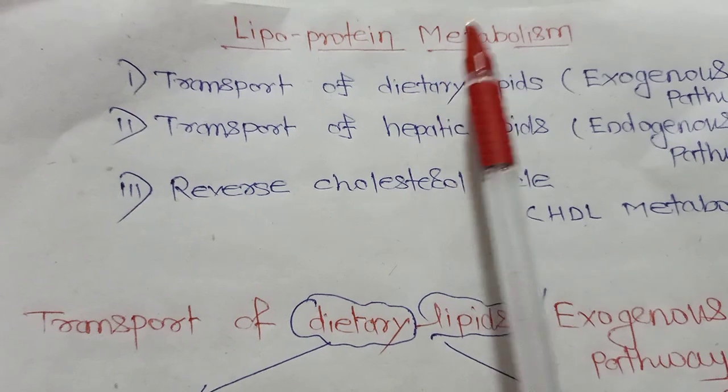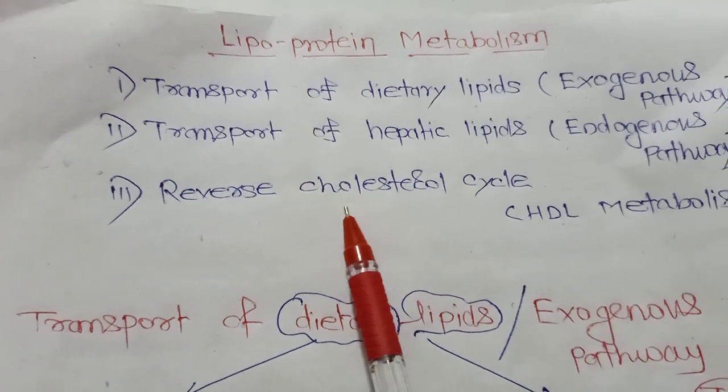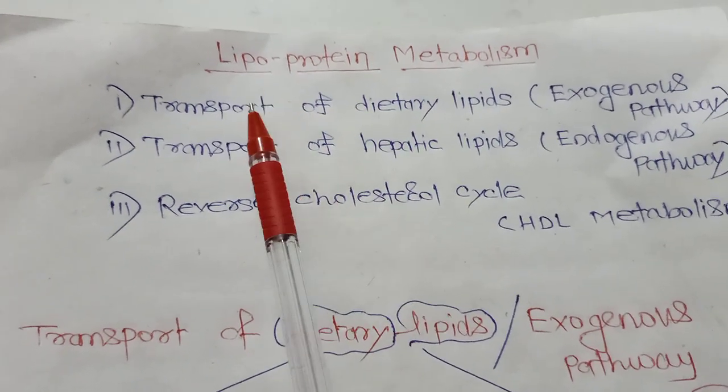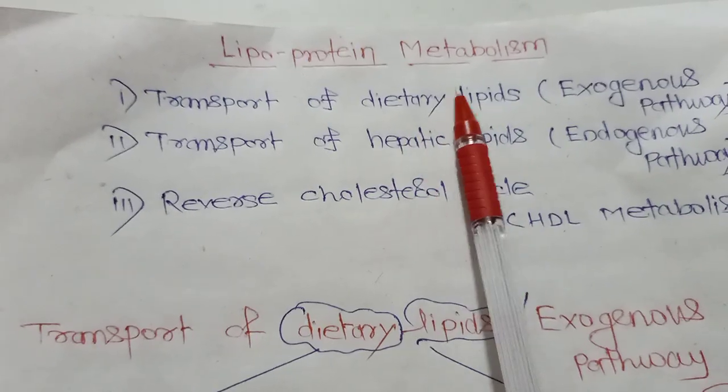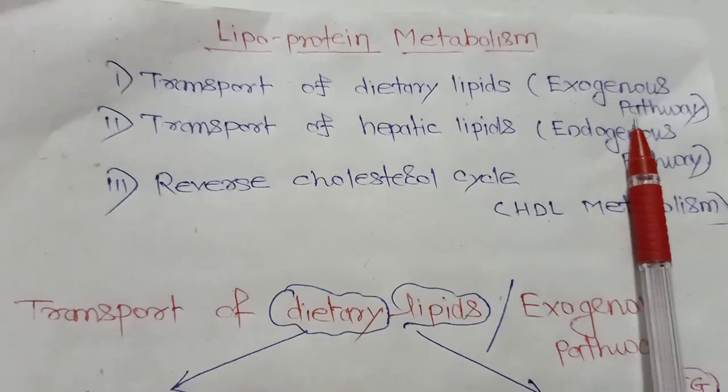In lipoprotein metabolism, there are three main pathways. First is the transport of dietary lipids, which is called the exogenous pathway.